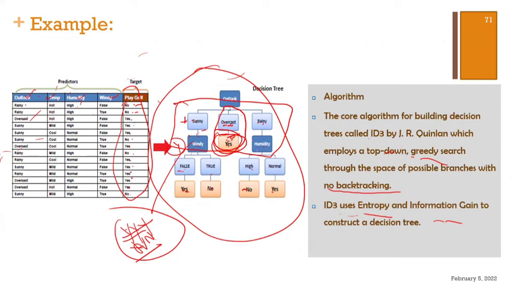We don't need it. You don't have to use all the attributes. It means by carefully selecting Outlook first, followed by windy, humidity, we were able to classify all our samples, even without touching temperature. This is the kind of model we want, and it's perhaps due to the fact that we were able to select Outlook with the highest information gain.